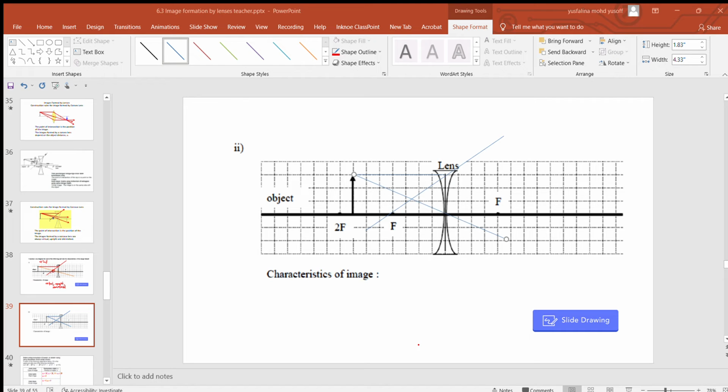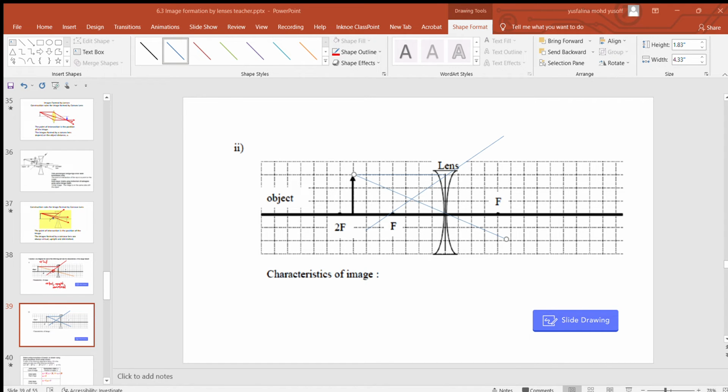So this is proof that for the concave lens, it doesn't matter where your object is, the characteristic of the image will always be the same, and the way to draw is also the same. So that is the concave lens, and this is the summary.